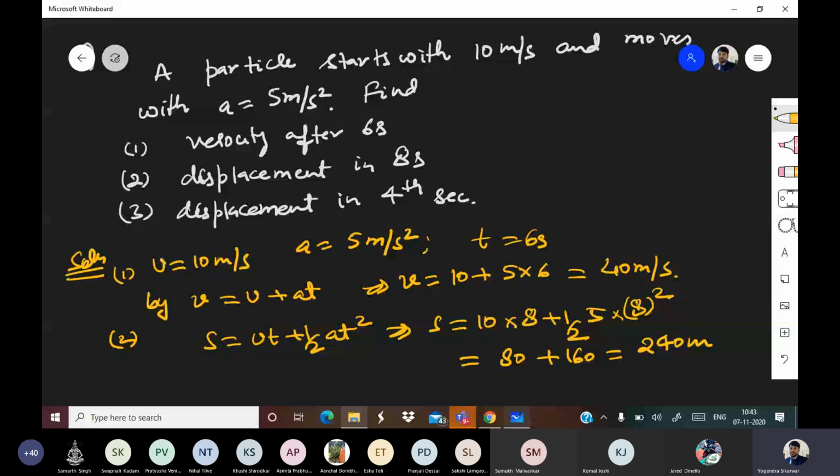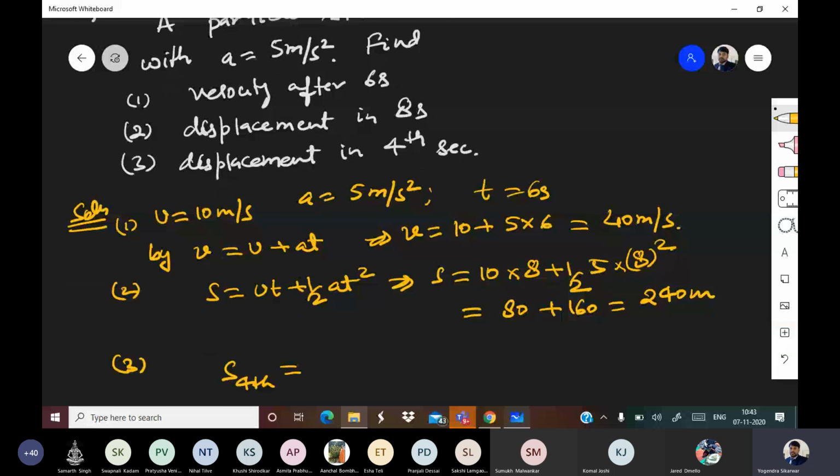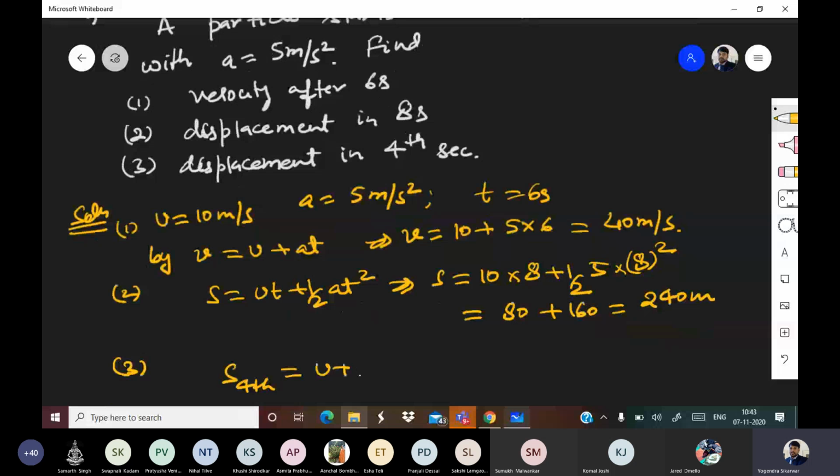Now comes displacement in fourth second. So displacement in fourth second means S nth, S fourth. S fourth will be U, which is 10, plus A by 2 into 2n minus 1. So S fourth is equal to U, 10, plus A by 2, 5 by 2, into 2 into 4 minus 1.